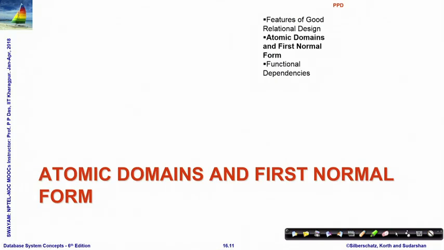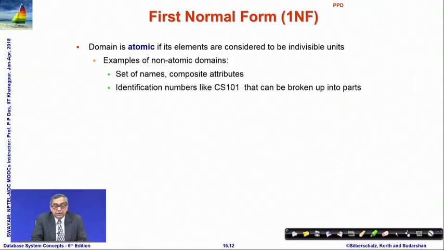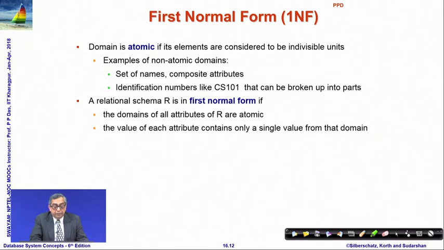The next thing that we look at is the way relations are categorized as first normal form. We consider that the domains of attributes are atomic if they are indivisible. So, anything that is a number, string and so on is considered to be atomic.